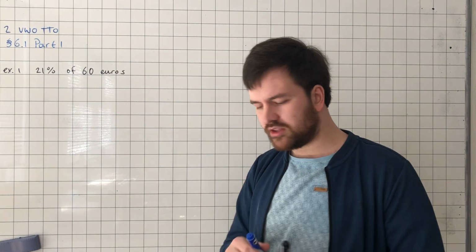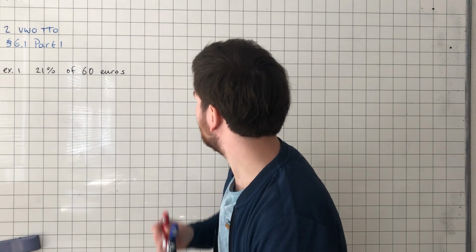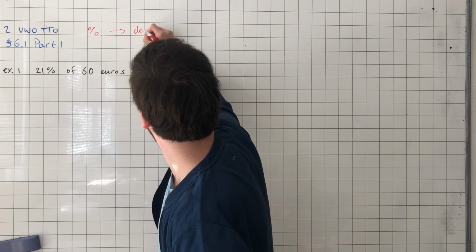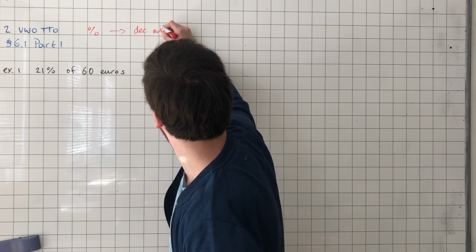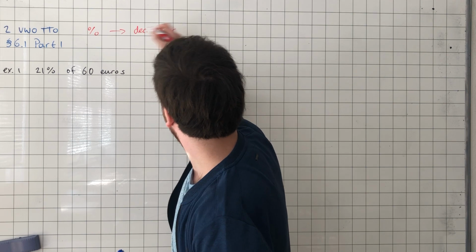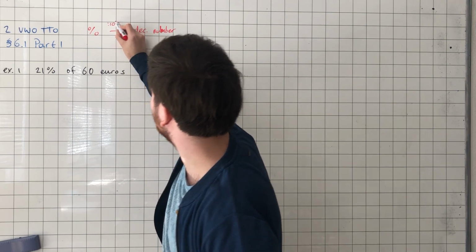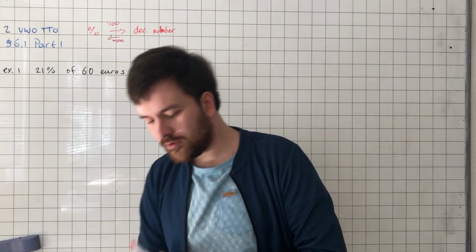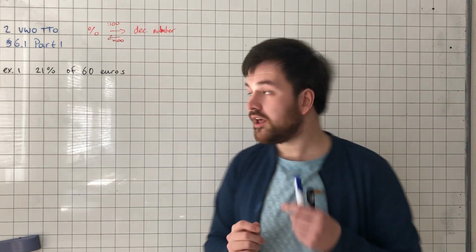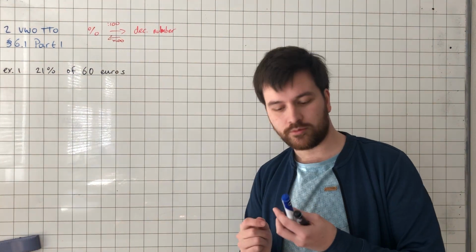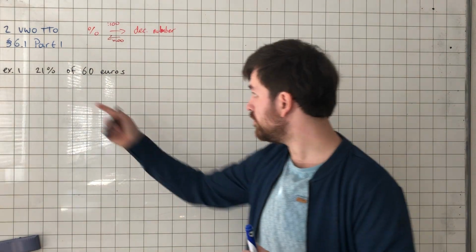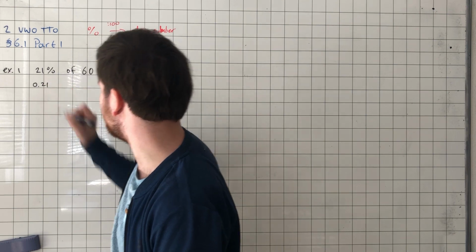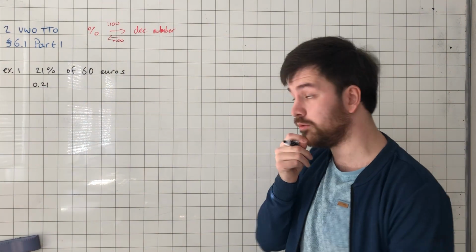If you want to go from a percentage to a decimal number, you divide by 100. It also works the other way around, then you multiply by 100. So 21% is the same as 0.21. You can do that with your calculator, or without one.